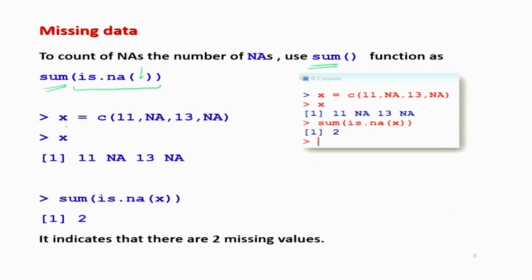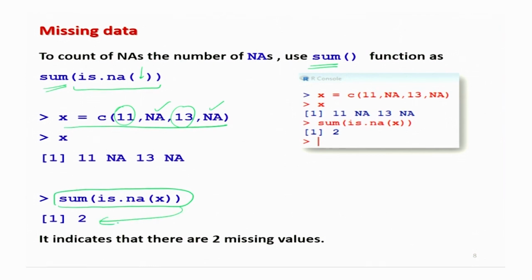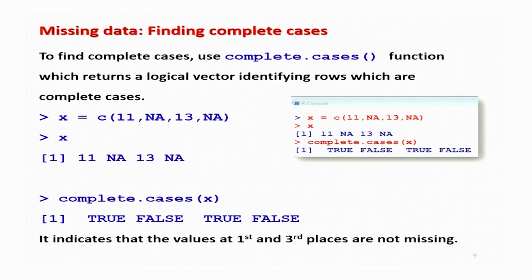If I take the same example, x has 2 missing values, NA and NA at the second and fourth positions, and 2 values, 11 and 13, are available at the first and third positions. Then if I operate sum(is.na(x)), you can see the answer comes out to be 2. That indicates that there are 2 values in the data vector x which are missing. That is how we can get this different type of information from the data values.